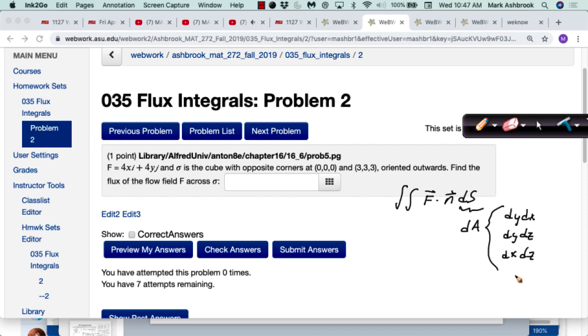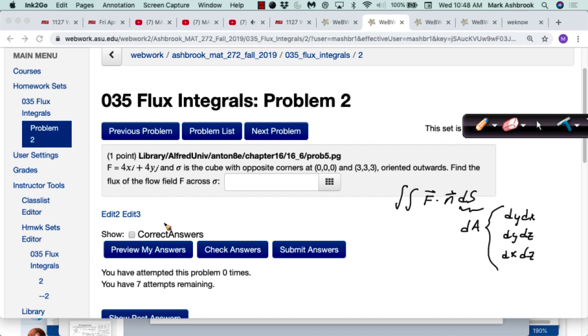Yeah, so that will always be true. You always have to rewrite your field in terms of the 2 variables. At first I got confused, looked at that and thought you just dot that F thing and give it there. Well, no. You'll keep 4x, 4y for the top and the bottom, where you have the variables x and y. But for the front, x equals 3, so you plug x equals 3 in, and then your variables are y and z.